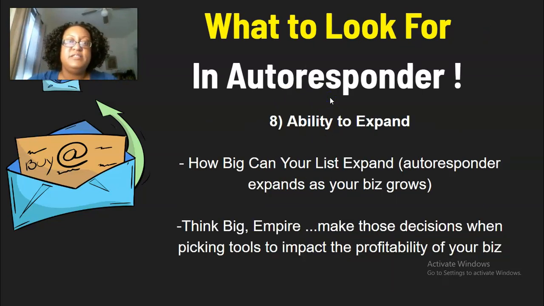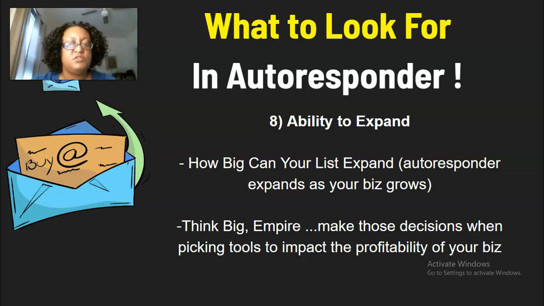All right. The next thing is the ability to expand. The reality is that there are a lot of autoresponder services out there that charge you so much to have a huge list. As your business, you might have a small list now, but when your business expands, they're going to charge you a premium to be able to host that list. So the question is, how big can your list expand, right?